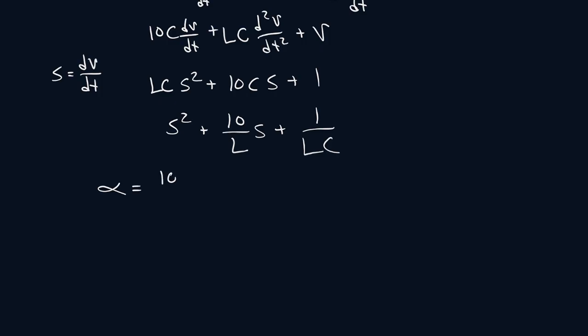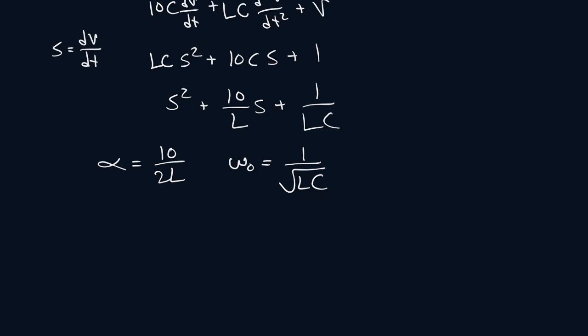alpha will be 10 over 2L. So pretty much alpha is just this value times 1 over 2. And omega is just going to be the square root of this value, so it'll be 1 over square root of LC. Now let's find alpha, which will be 10 over 2 times 2.5, which should give you 2 radians per second.